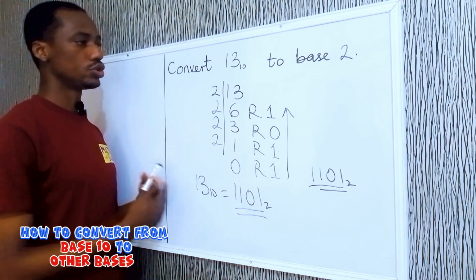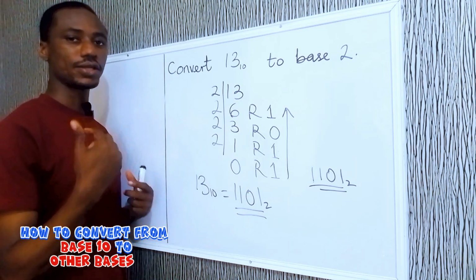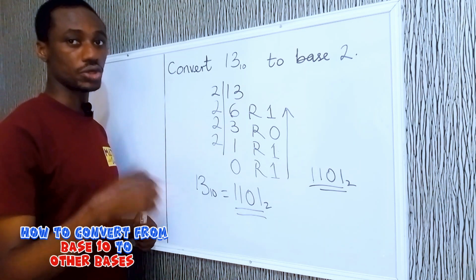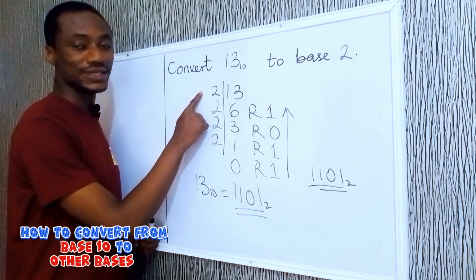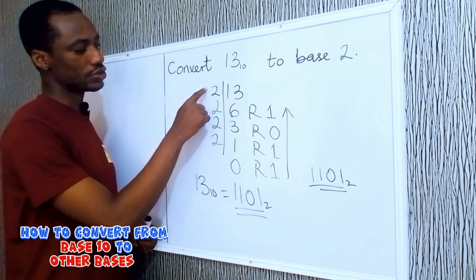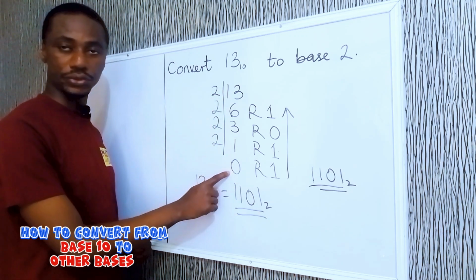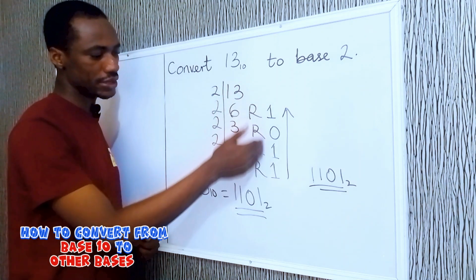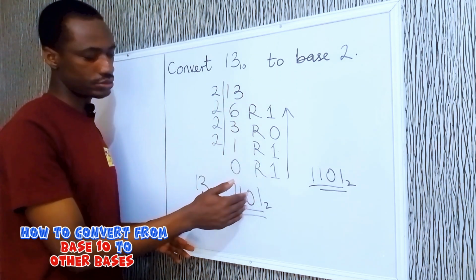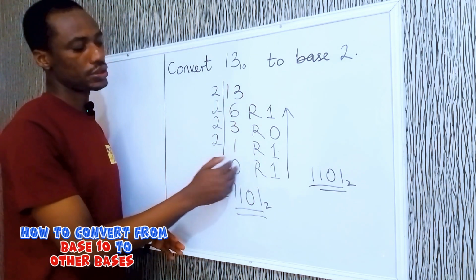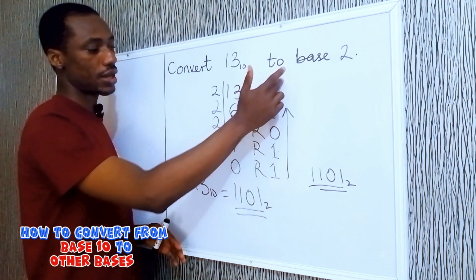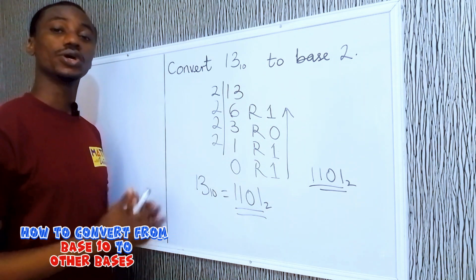You use the base you're converting to and divide the base 10 number repeatedly until you have 0, taking note of the remainders. Then when you've reduced the number to 0, you pick the remainders from bottom up, and that gives you your answer.